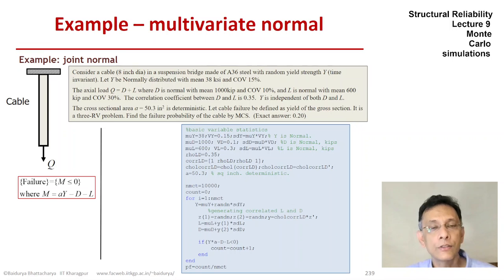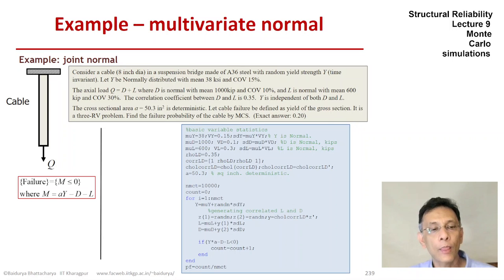Then we generate Z1 and Z2, which are the independent standard normals, and then use the Cholesky factor of the correlation matrix between L and D, which is what we've already determined before the loop.